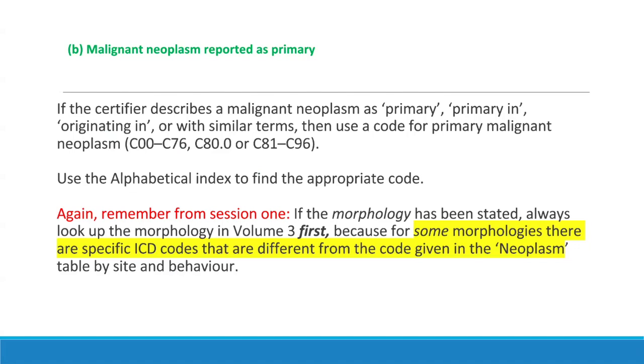ICD-10 guidelines recommend using the alphabetical index to find the correct code. Additionally, guidelines emphasize that if the morphology of the neoplasm has been specified, one should first consult Volume 3 of the coding manual, as some morphologies have specific ICD codes that differ from those listed in the neoplasm table based on the site and behavior of the tumor.